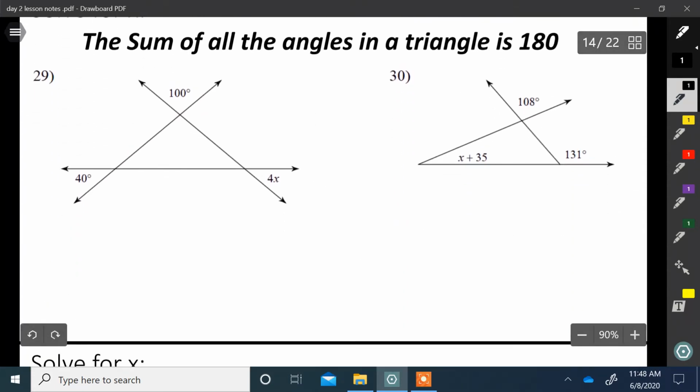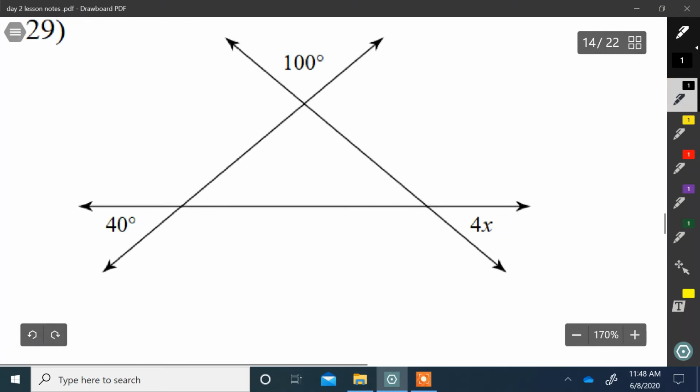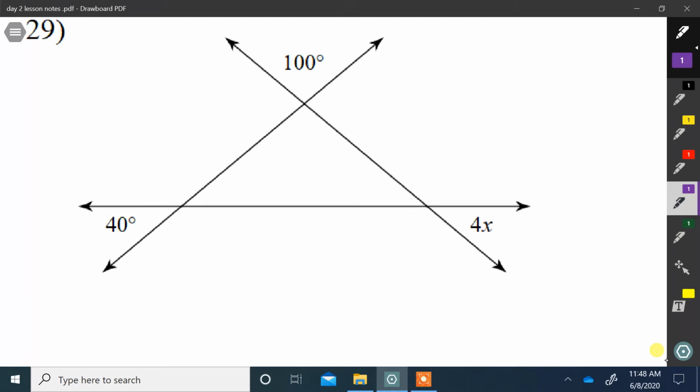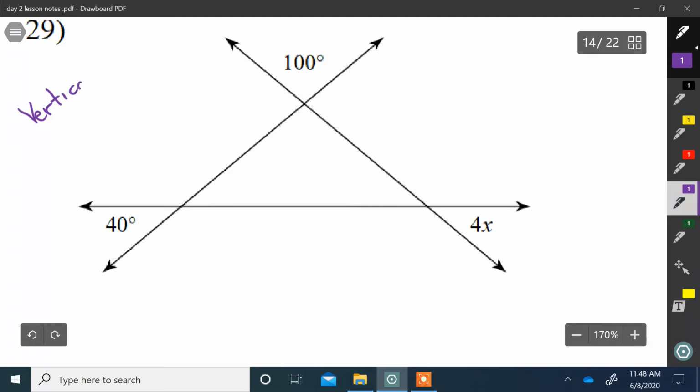Now let's talk about this one right here. We're going to be using a couple more properties in order to do this. All right, so let's start with this one here. We have 29. We have to rely on the fact that vertical angles are congruent. And now, what are vertical angles?